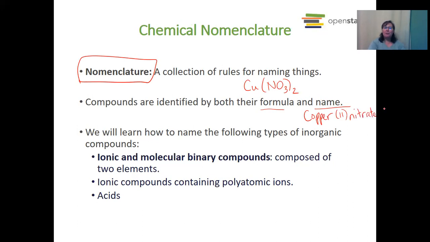We will learn how to name the following types of inorganic compounds: ionic and molecular binary compounds composed of 2 elements, ionic compounds containing polyatomic ions, acids, and there's one more that didn't make this list, and that is hydrates.